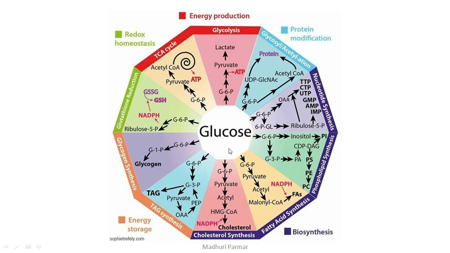Glucose, we have already seen, can undergo glycolysis for energy production. So glucose gets converted into pyruvate, and then it can get converted into lactate in case of lactic acid fermentation. Clear? Now remember, during our cell lectures, I had discussed the Golgi apparatus or Golgi complex.